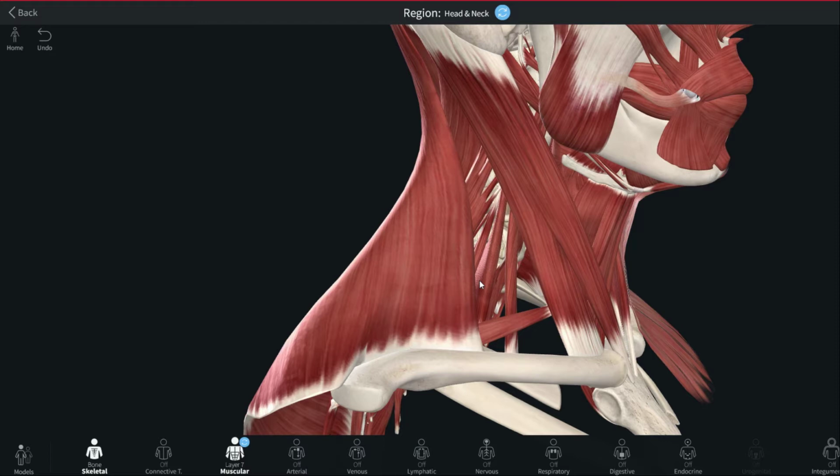Yes, serratus anterior is, you might say, a thoracic muscle, a lateral thoracic muscle, right? It is attached along the thorax in the lateral rib cage.